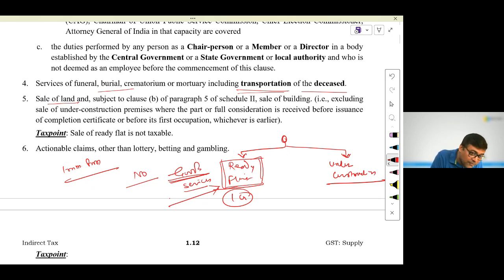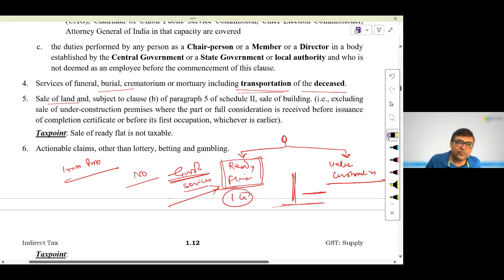If I buy before the promoter obtains the completion certificate from the municipality, then it is under construction. After the completion certificate, it is treated as immovable property, and the question of GST does not arise.